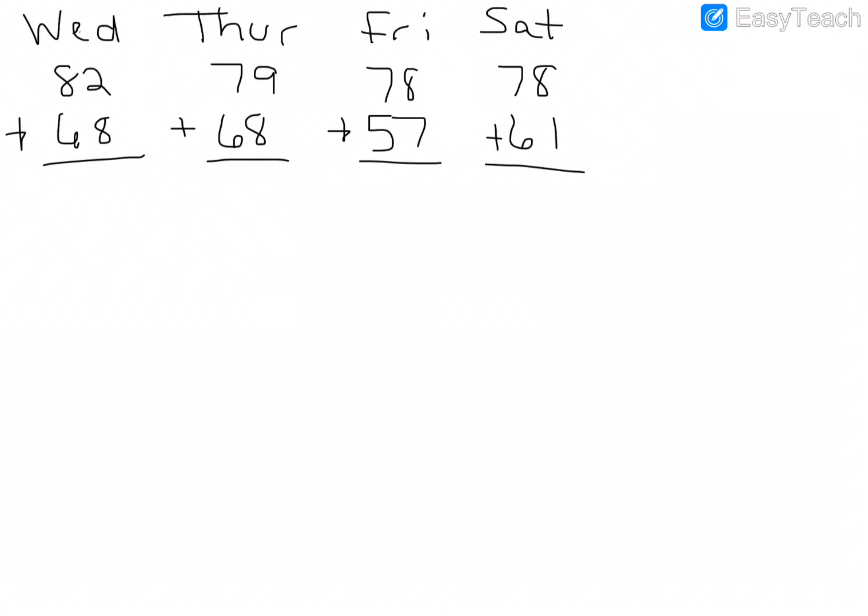Okay, so 82 and 68 would be 150, and this would be 147, and this would be 135, and this would be 139. So now I need to add these numbers up, so I'm just going to do it over here to the side.